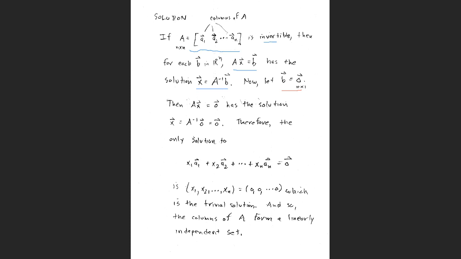For any vector B, AX equals B will have the solution X equals A inverse times B. It's true for any vector B in n-dimensional space. Well, the zero vector is a vector in n-dimensional space. So AX equals 0 would have the solution X equals A inverse times B, but B is 0, so X equals A inverse times 0, which is the zero vector.